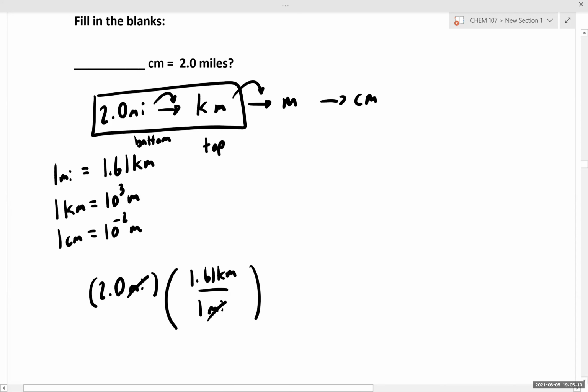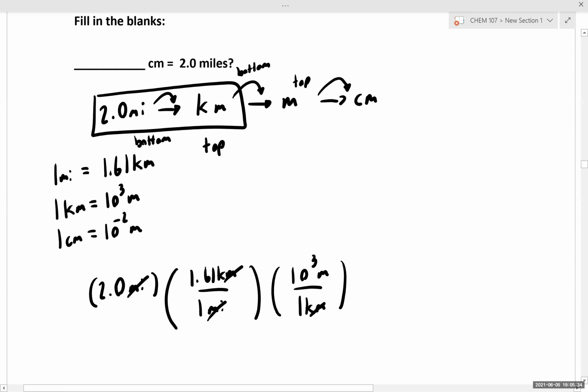Next, we're going from kilometers to meters. This is just a metric to metric conversion. Meters should be on top and kilometers should be on the bottom of this second conversion. So we have 10 to the third meter per every 1 kilometer. Units of kilometers cancel.